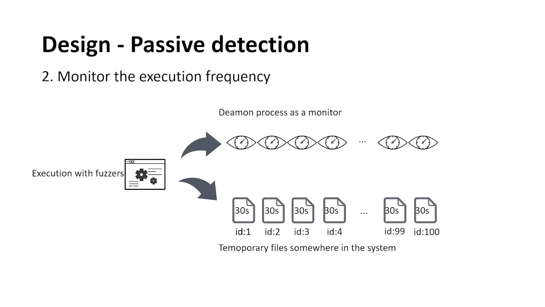If we define the threshold to be 100 in this example, we will be informed that this program has been rerun 100 times within 30 seconds, and we think it's abnormal. So we will trigger the anti-fuzzing mechanisms, like introducing latency into the program or just aborting the program.